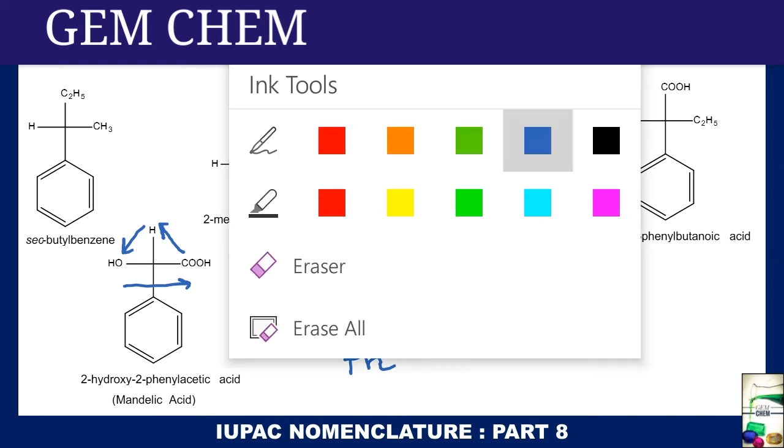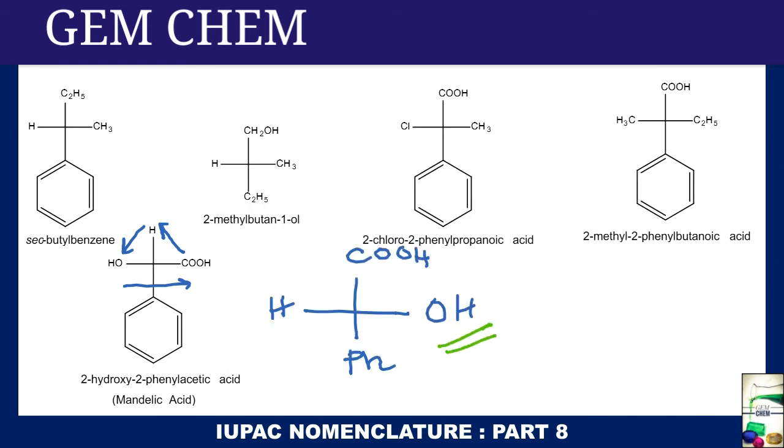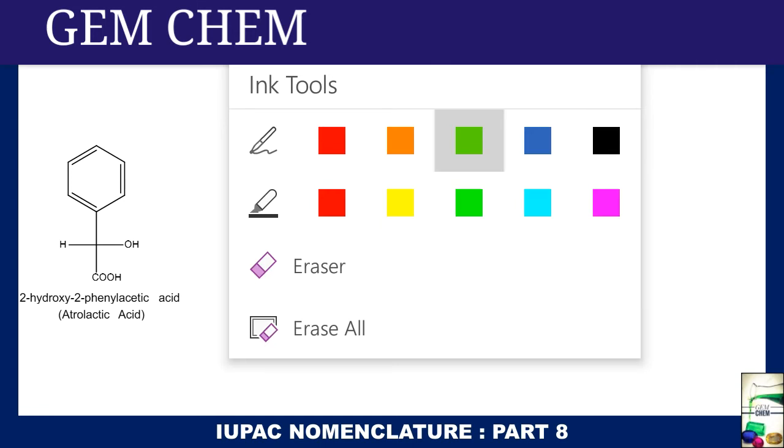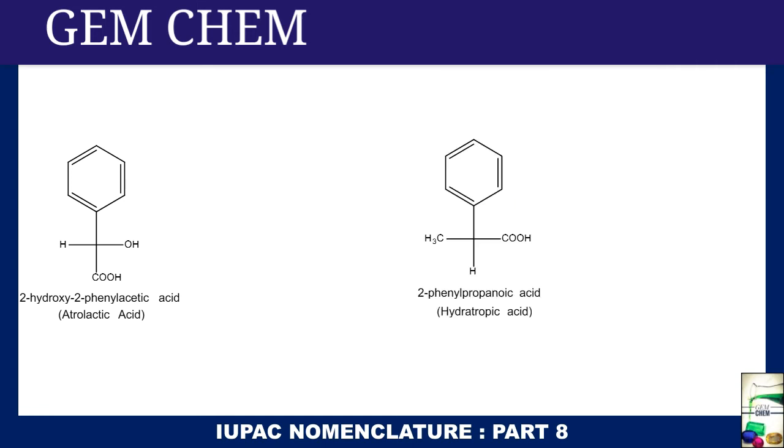Now if we consider the OH portion, it is present in the right hand side, so it will have a D configuration. Now for this one, we can see that it is not in the proper position, that is, pH is up and COOH is down. So we need to do something to bring the COOH up. What we can do is exchange two pairs together.